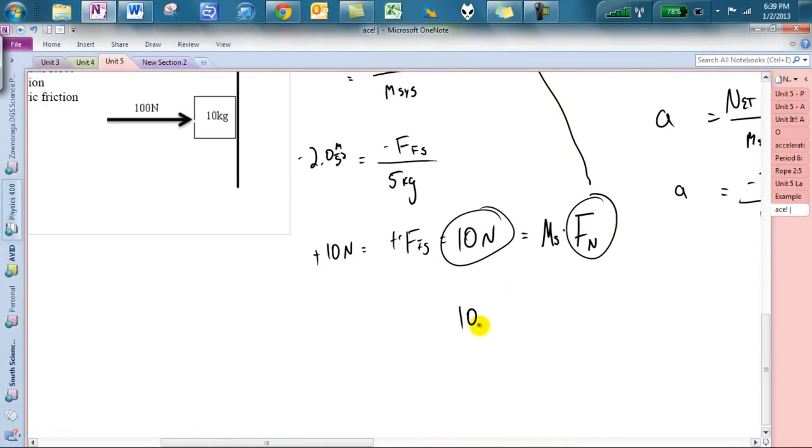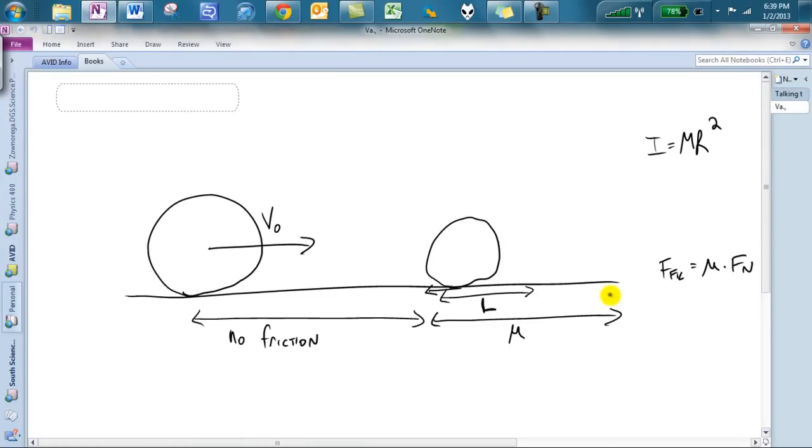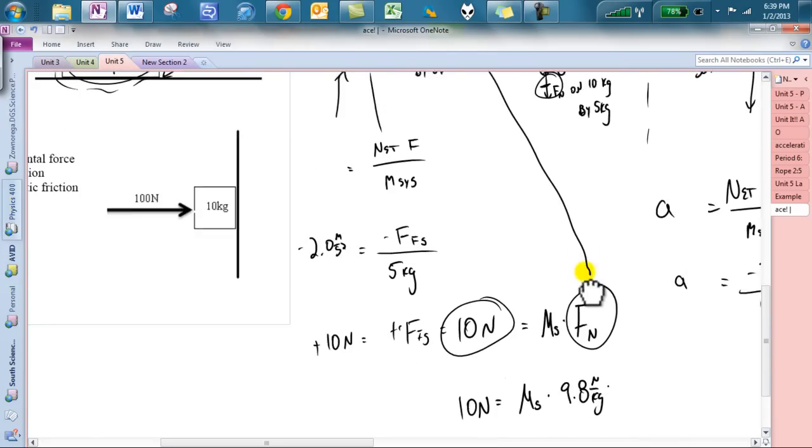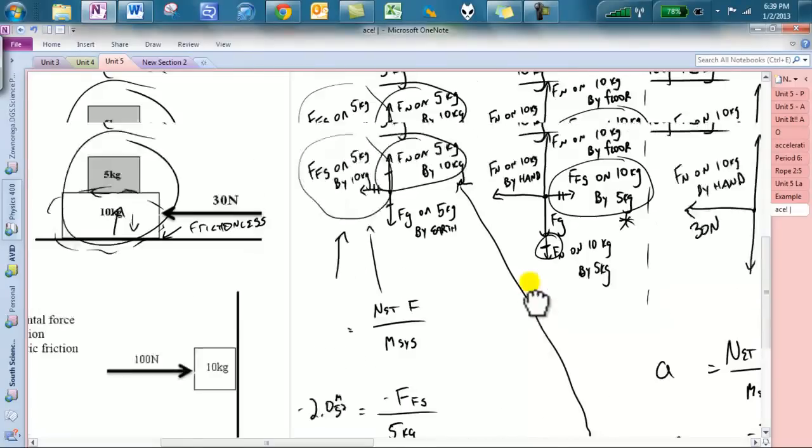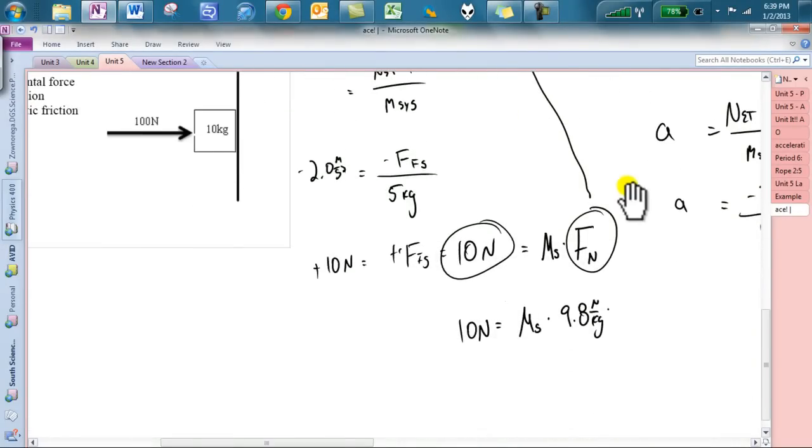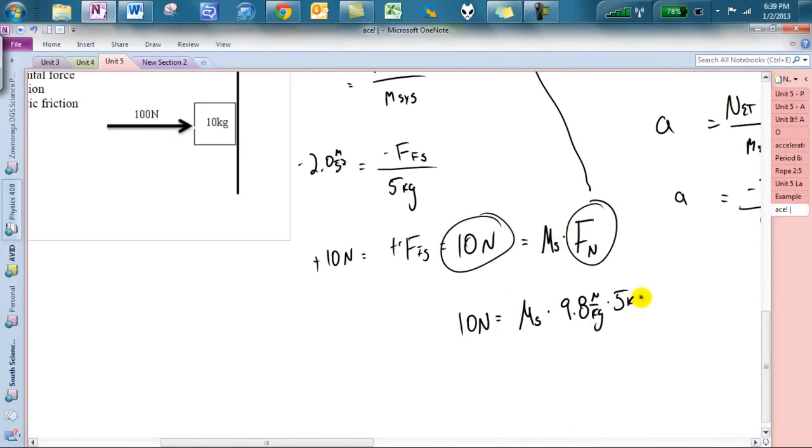So all we got to do is set the 10 newtons equal to mu sub s times the Fg, which is 9.8 newtons per kilogram, times the mass of, well, what is the current cause of the Fg? The current cause of the Fg is this 5 kilogram box here, so we just go 5 kilograms there, and you would solve for mu s that way, and you'd get your answer.